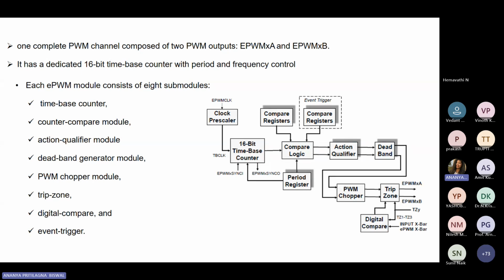This time-based counter represents basically this function. And in the compare registers, the modulation index is stored, and there are two compare registers, this is A and this is B.